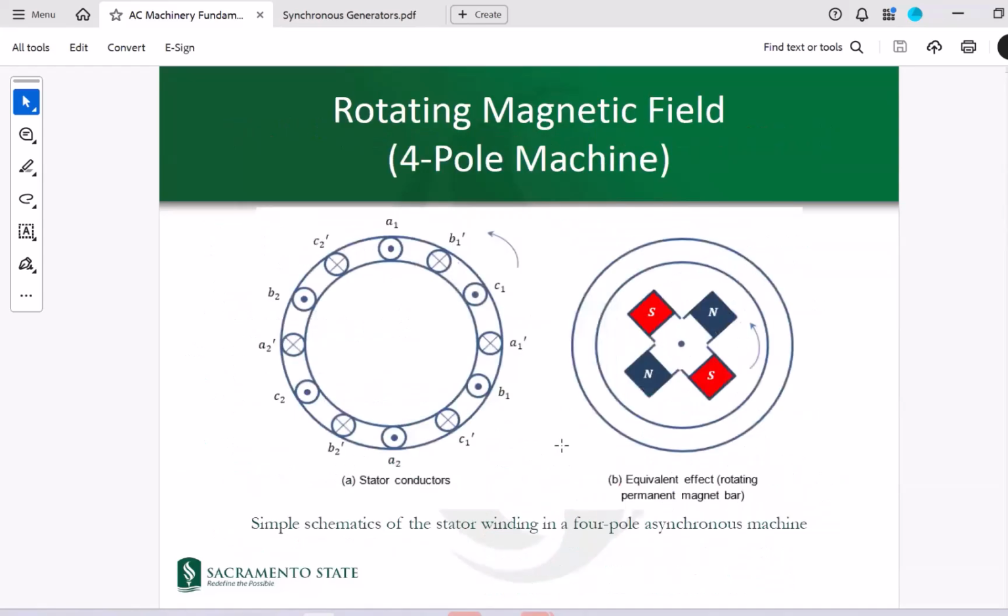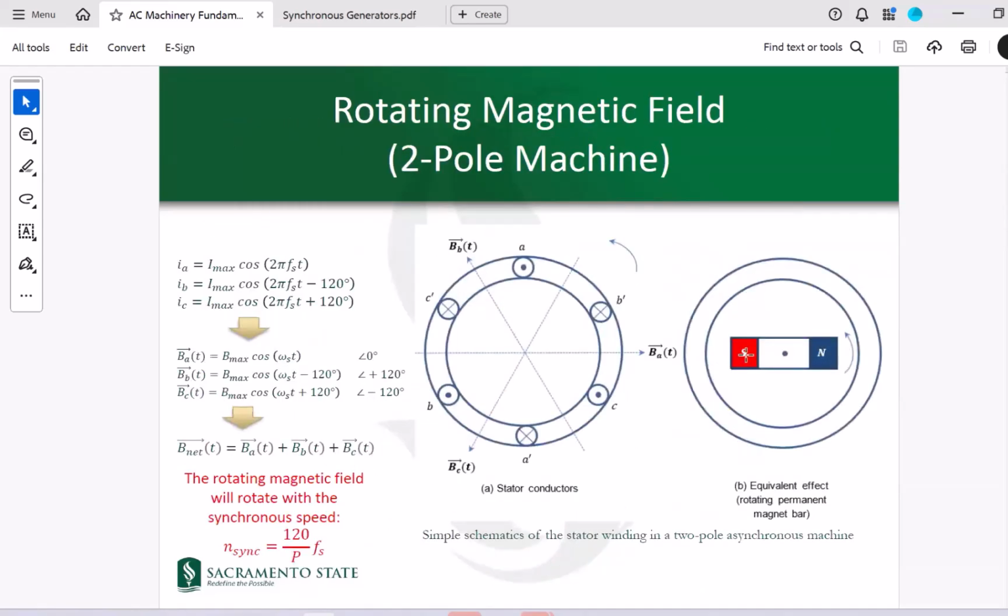All right, so we talked about this simple design that has a north pole and a south pole, which would have the maximum field at this point, the minimum field at this point, and 0 here. In between, the distribution of the magnetic field is not really sinusoidal.